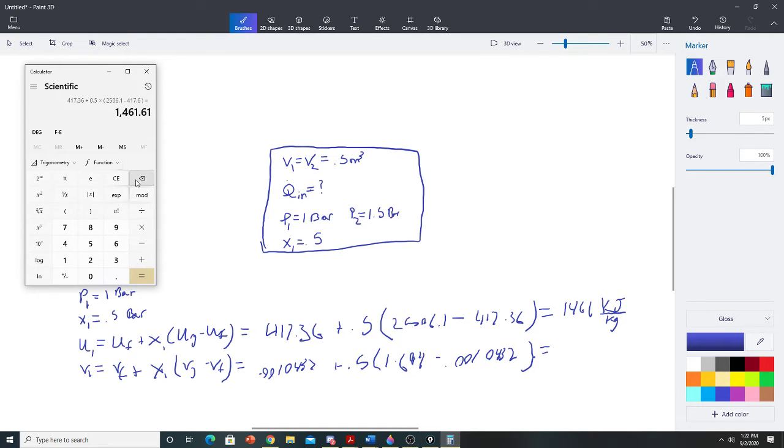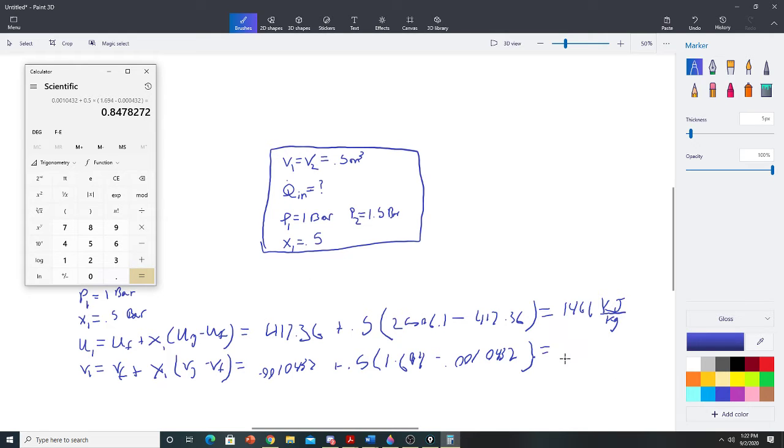Now let's do the same thing with the other ones. Let's clear it. We have 0.0010432 plus 0.5 times the quantity of 1.694 minus 0.00100432.